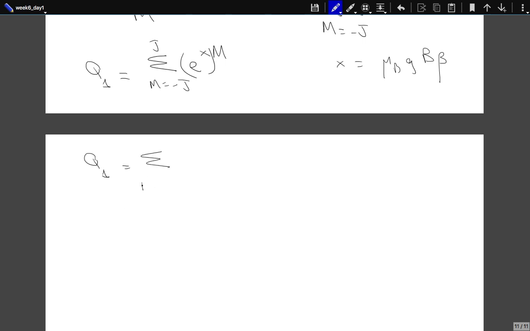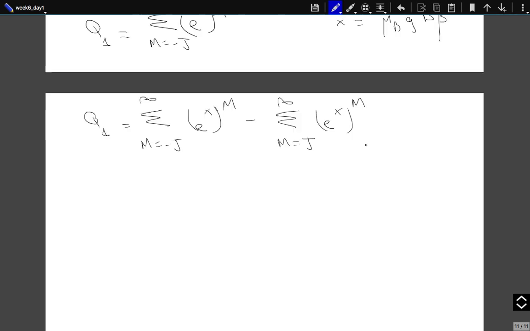So you are saying let's do it this way: the sum over m from minus j to infinity of e to the power x times m, minus the sum over m from j to infinity of e to the power x times m. So this is equal to, well, let's take the first term: e to the power minus j x over 1 minus e to the power minus x.